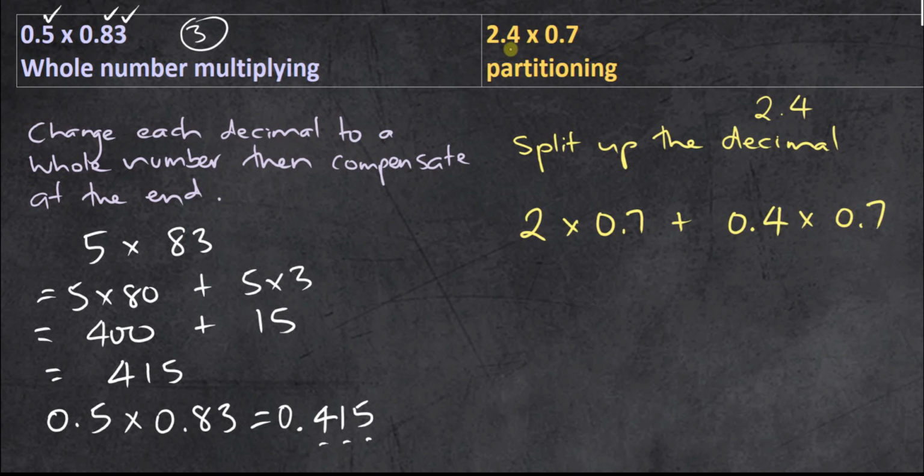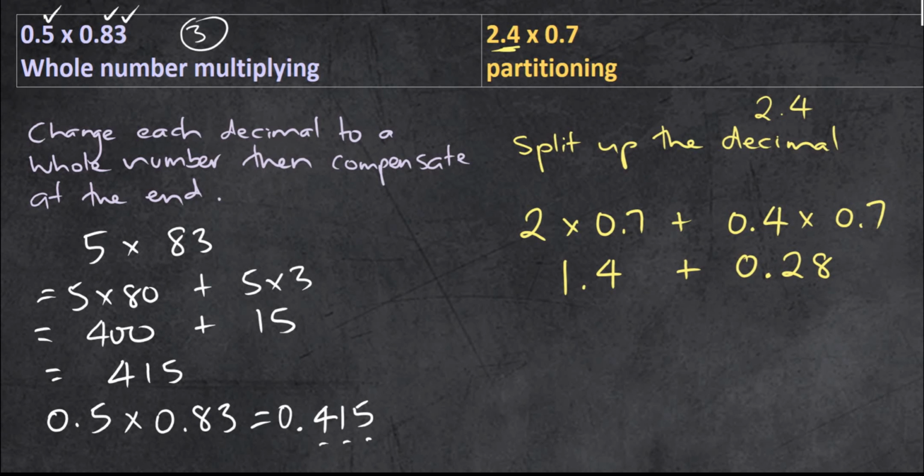So I'm just splitting up that first number there. So 2 times 0.7 is 1.4 plus, using the first strategy, the whole number multiplying strategy, 4 times 7 is 28. So I've got 2 digits to the right of the decimal point in each of those 2 numbers. So I need to have 2 digits to the right in my answer.